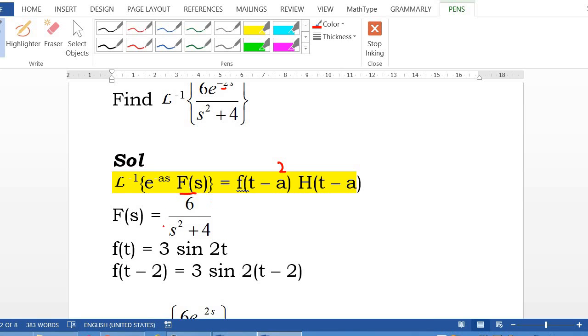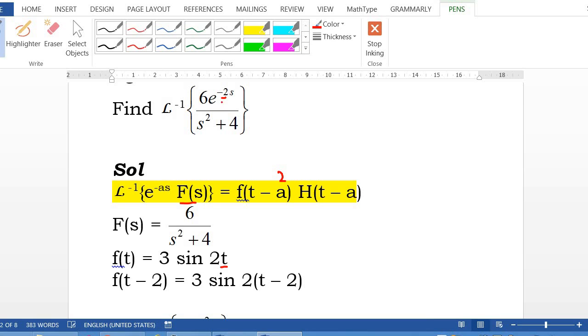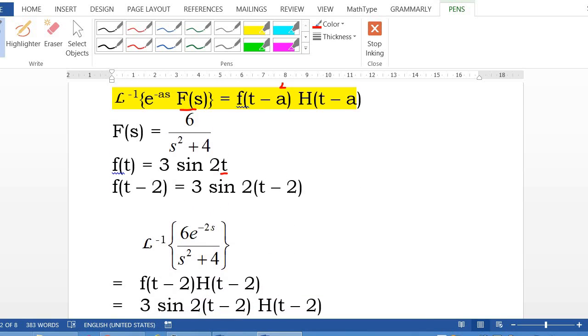Taking the inverse Laplace of 6/(s² + 4), you get f(t), which is 3 sin 2t. For f(t − 2), make sure you put brackets and change t to t − 2. That's why the result for the inverse Laplace of 6e^(−2s)/(s² + 4) will be 3 sin 2(t − 2) multiplied by H(t − 2).